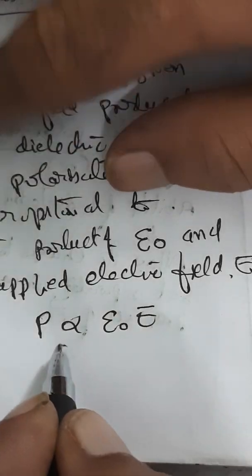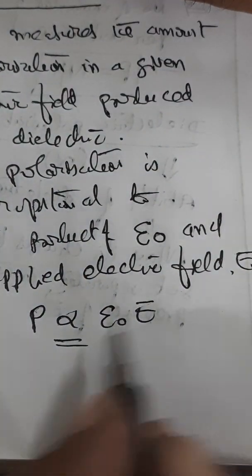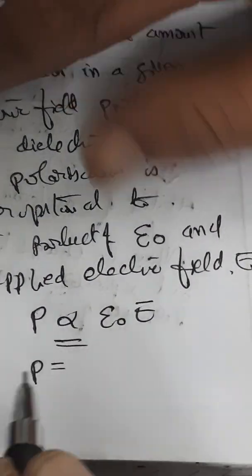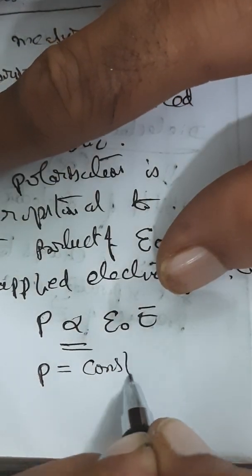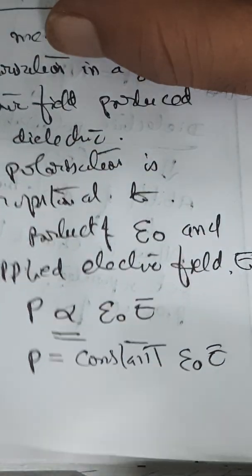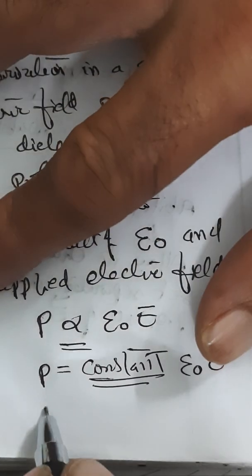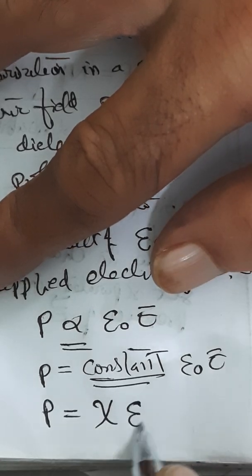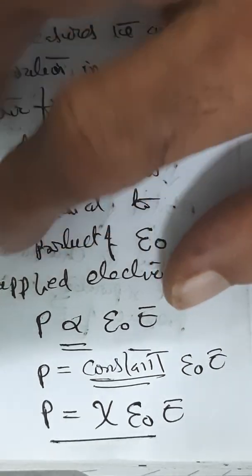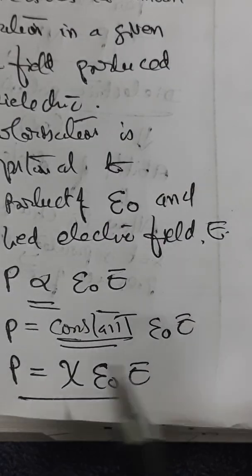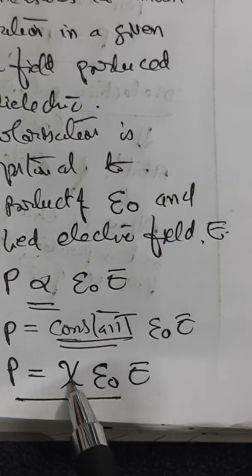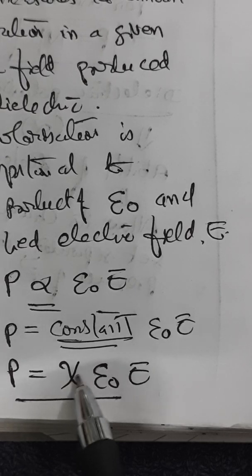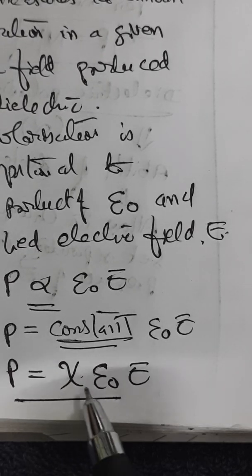So if you replace this proportionality, what will you have? You will get a constant into epsilon naught E. Now this constant, you can write as P is equal to psi epsilon naught E. This proportionality constant is known as dielectric susceptibility. Now from this, what is susceptibility?